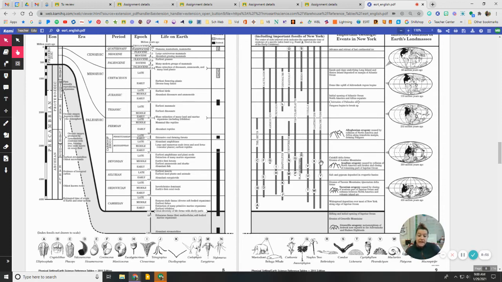Now, these are all different types of index fossils. If you follow them straight across, let's say we take B, this Cryptolithus. If we follow B straight across, the Cryptolithus lived mostly during the Middle Ordovician, so between 488 million years ago and 444 million years ago.